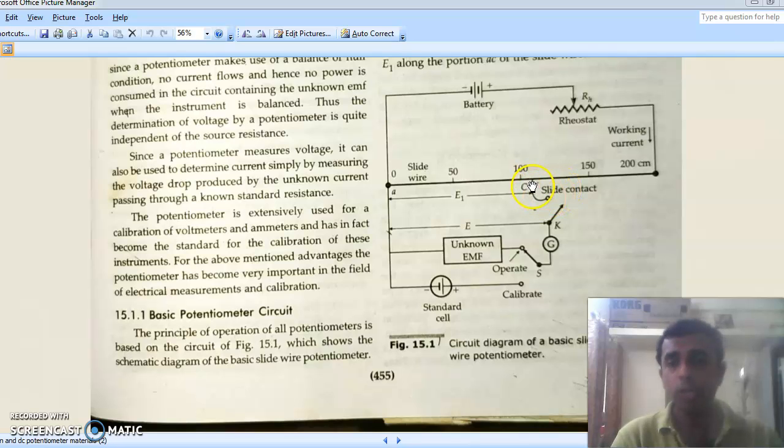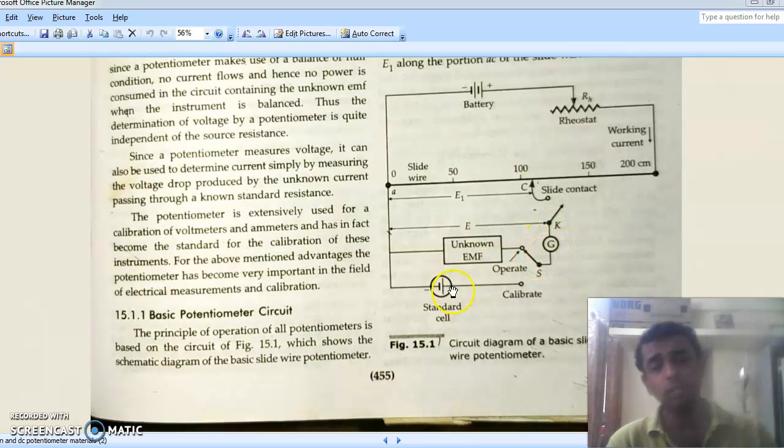First you keep this jockey at 101.86 centimeter. I repeat, after closing the switch to the calibrate position, you keep the jockey at a length of 101.86 centimeter, and then you adjust this rheostat so that we get a null deflection in the galvanometer.